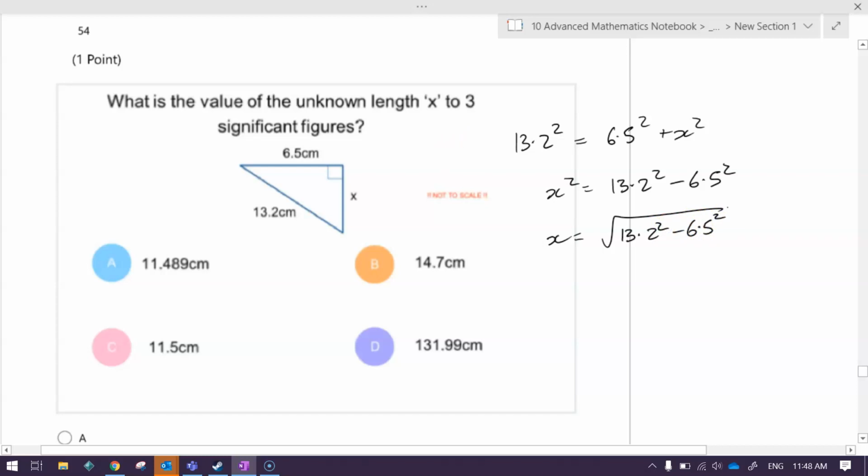Well, I can already rule out it's not going to be longer than the longest side, so B is no good. D is no good. I've got 2 to choose from. To 3 significant figures, wow, I didn't even need to do any calculations. This may have been the correct answer. I'm assuming if you do it on your calculator, you're getting something that looks like that. 3 significant figures, start counting at the first non-zero digit. 1, 1, 5. That one's to 3 significant figures. That's going to be my answer right there. Answer C.